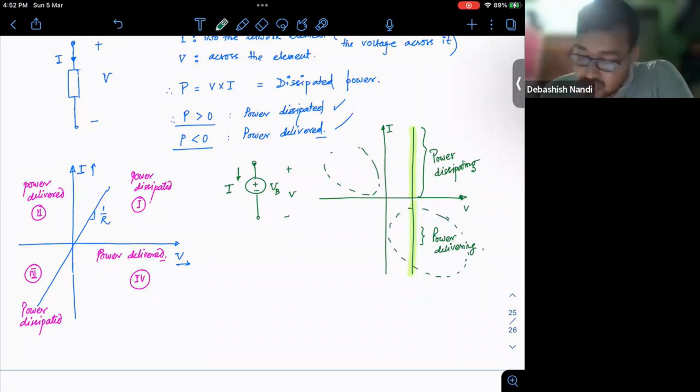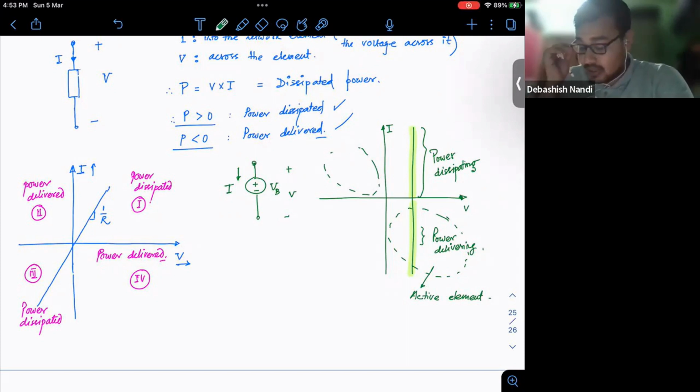So you see that this is why it is called an active element, because it delivers power. Its IV characteristics can lie in the second or fourth quadrant.